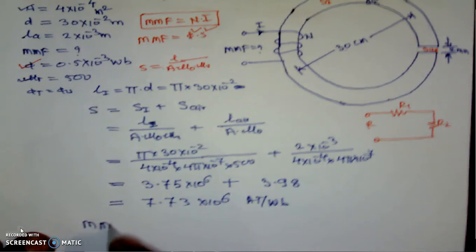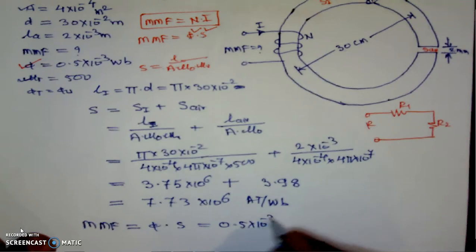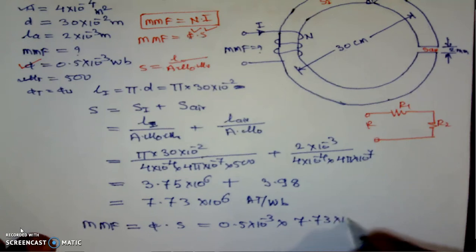Here in this case, this MMF is equal to phi into S, which is very same as phi is given, that is 0.5 into 10 raised to the power of minus 3, into reluctance of the magnetic path, 7.73 into 10 raised to the power of 6.